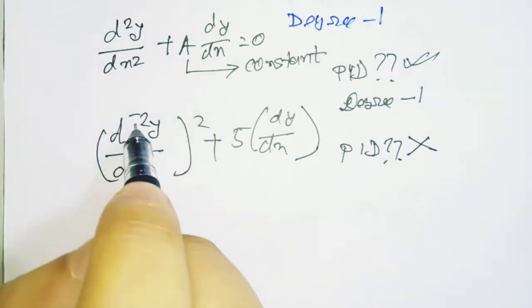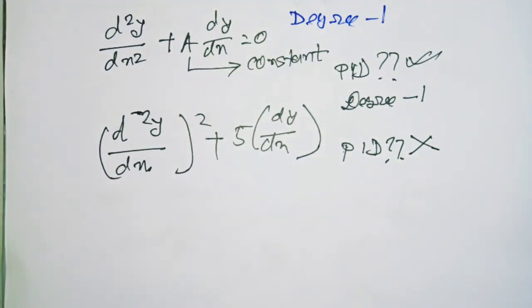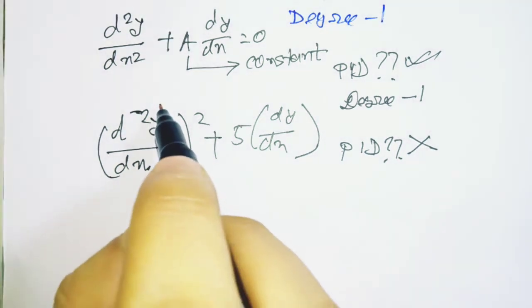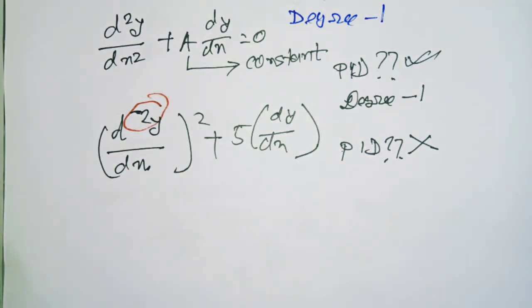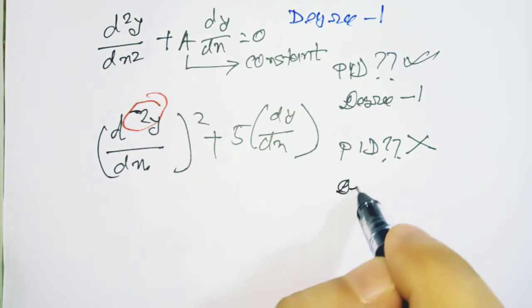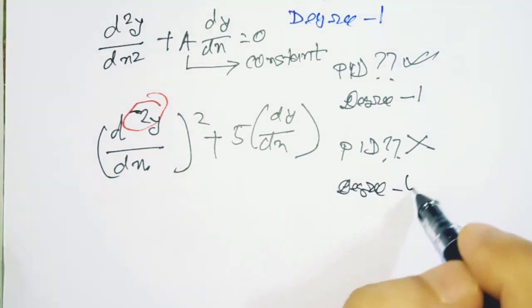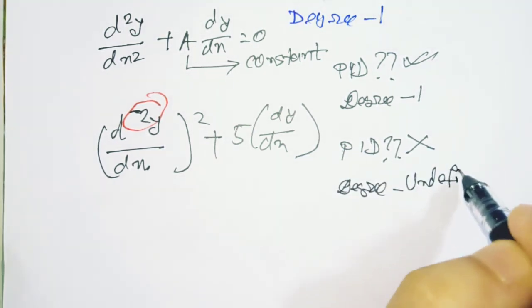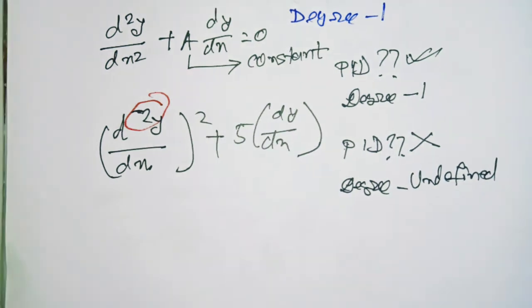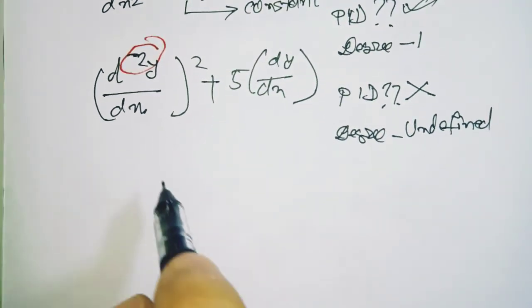No. Why? Because of this sign, anything raised to the power inverse, minus 2. So this is something which shows that it is not a polynomial in derivative. So what would be the degree? Degree will be undefined.